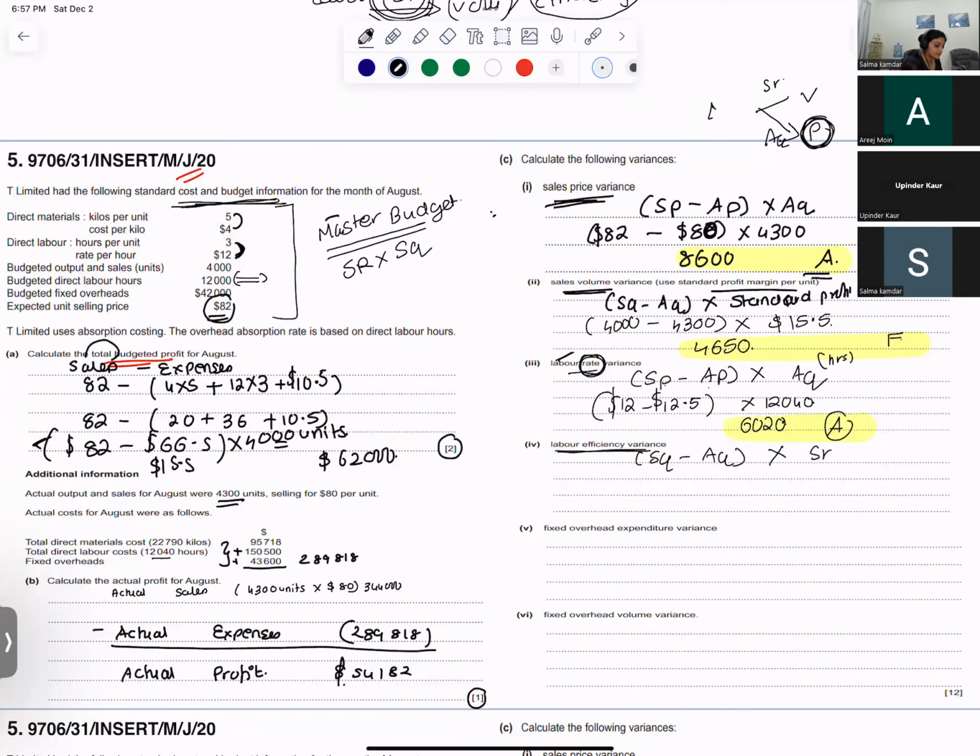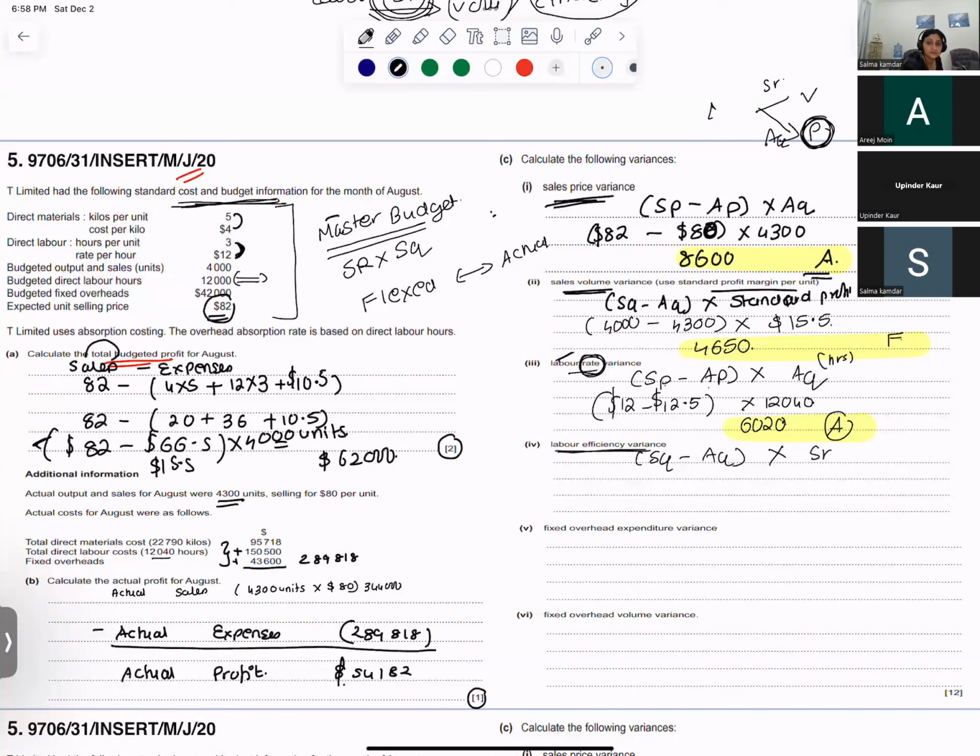So flexed will be 3 into the actual quantity. When we are finding any variance, we need to compare the flexed with actual.